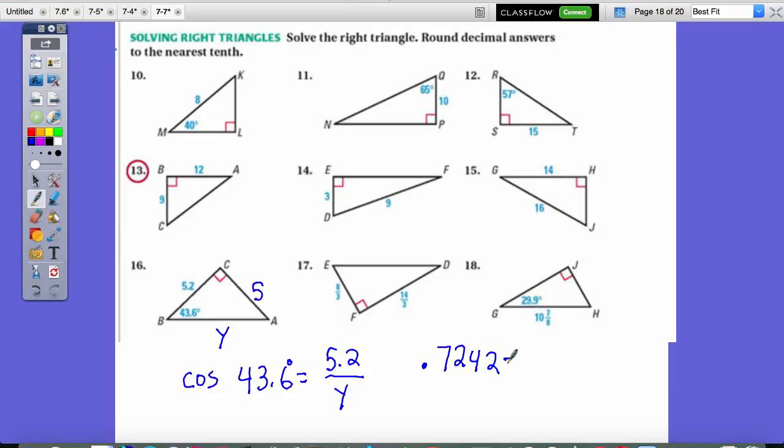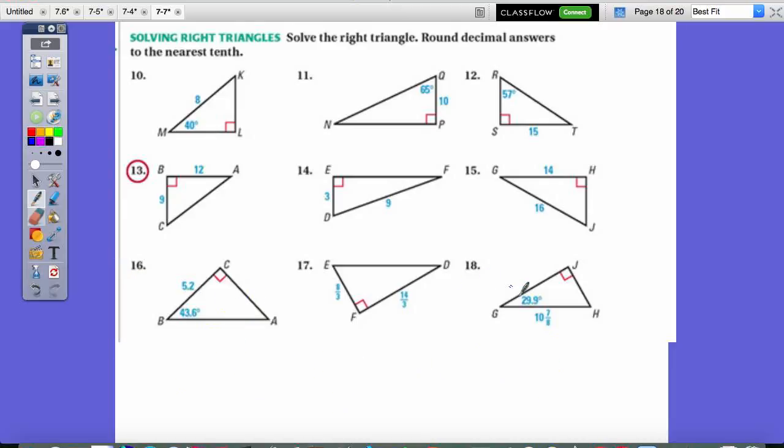So I'm going to end up doing 5.2 divided by 0.7242, and I get 7.18 for y, for the hypotenuse. To find angle A, I'm just going to do 90 minus 43.6, and I get 46.4. So those are your answers for 16.